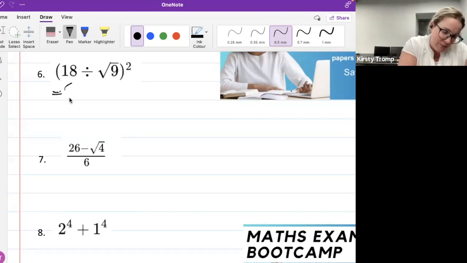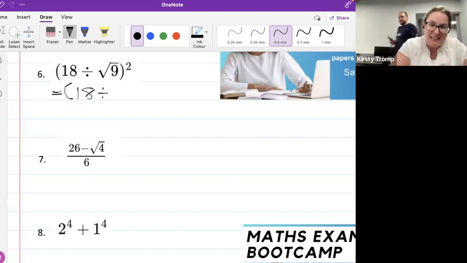Can I divide 18 by the square root of 9? I can't, so what do I need to do first? I need to find out what is the square root of 9. What times what gives me 9? So the answer for that one will be 3.